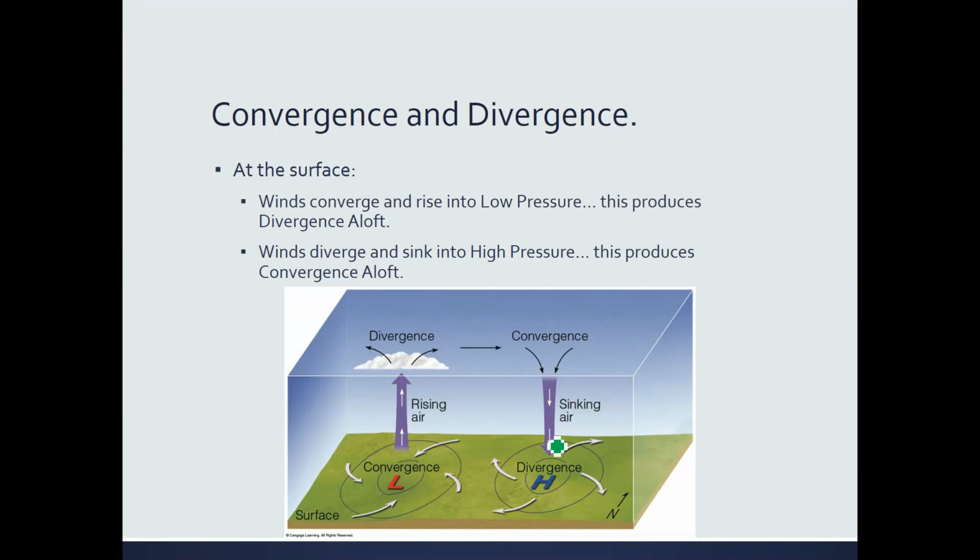So in this lecture, we talked about the Coriolis force, which steers wind to the right in the northern hemisphere, to the left in the southern hemisphere, and is dependent on the speed of the wind, the latitude, and the scale of the wind. And then we also talked about friction, which is only important in the lowest 1,000 meters.